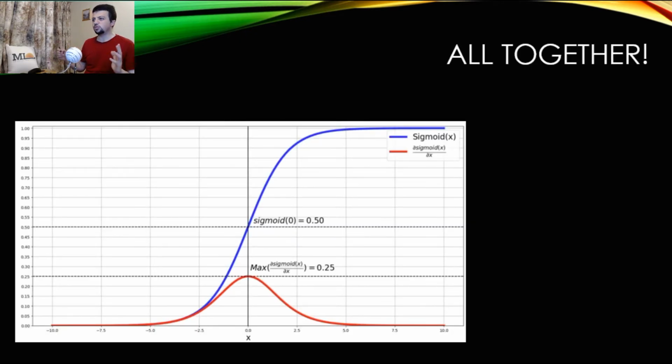So both of them together look something like this. The blue line is your sigmoid, and the red curve is your gradient, showing the gradient of that sigmoid. Now, if you notice, the gradient is the slope of the tangent line, right?